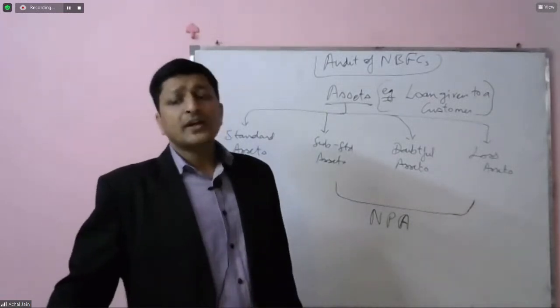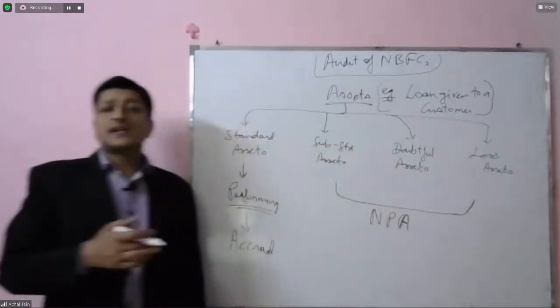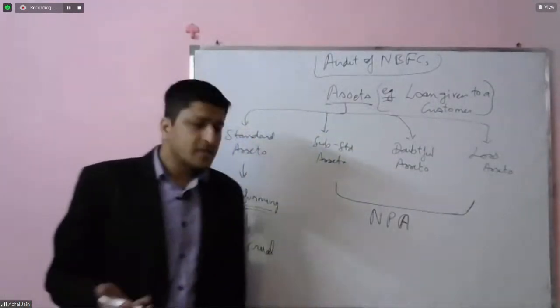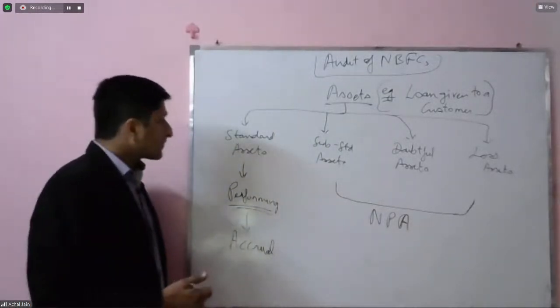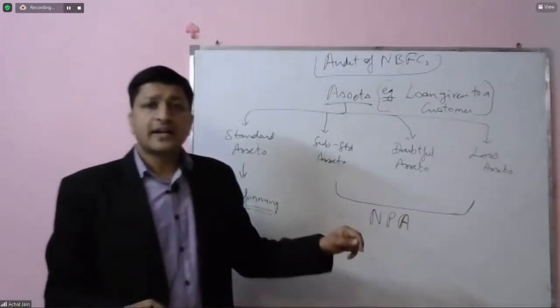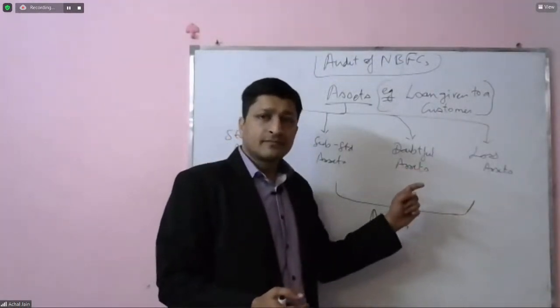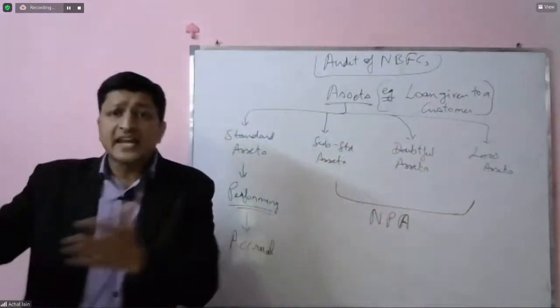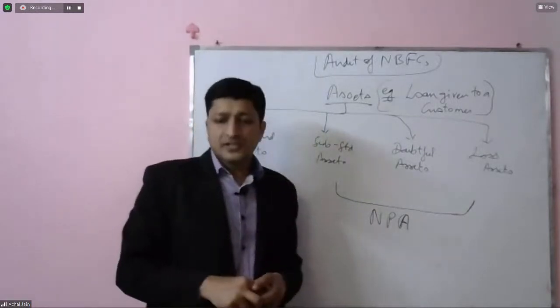Will it be appropriate to recognize interest when there's a question mark around the recovery of the principal? The answer is no. But an asset will not straight away jump onto the substandard category. An asset will not straight away jump onto the doubtful category. It will take some time to become bad. And that is again as per the requirements of the regulations.